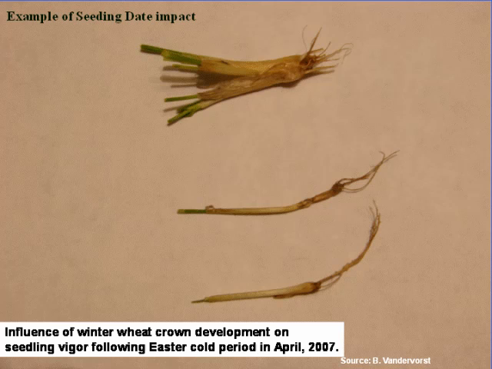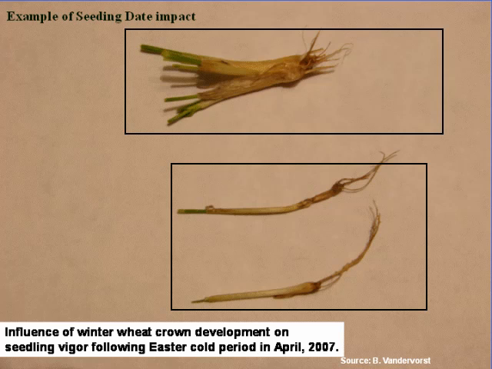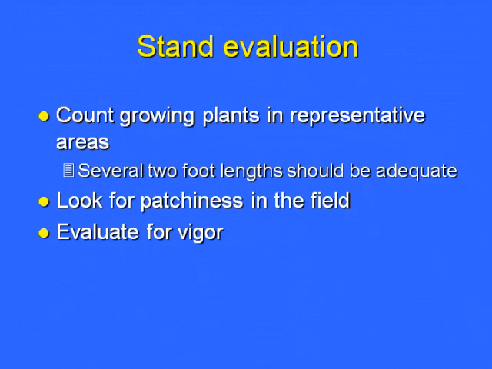And another factor that I briefly talked about was the size of the seedling going into the fall, and here's a great example of a larger plant having much more vigor in the spring compared to a smaller plant because of the reserves that it has. And undoubtedly, we have some late planted wheat crop out there that would be more like the lower plants, and we had some that we planted quite early that would be more like the upper plants.